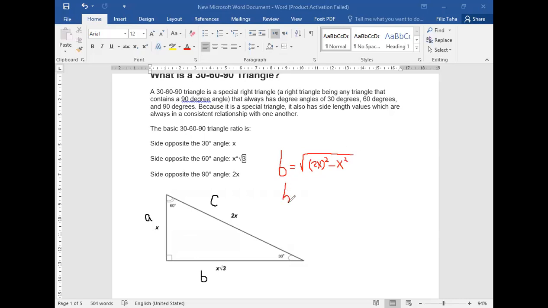Then b equals the square root of 4x squared minus x squared.